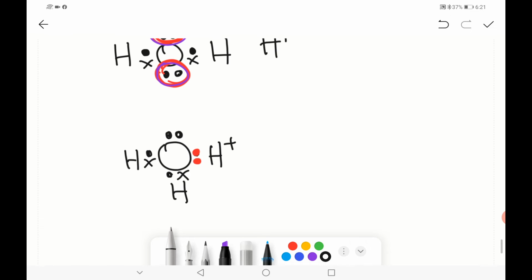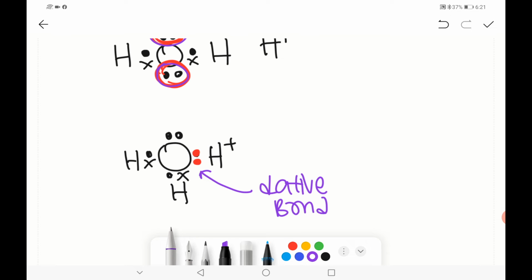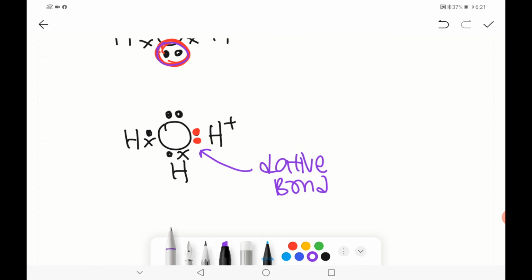When oxygen contributes a pair of electrons to H plus, you already get a dative bond. Why is this a dative bond? Oxygen shares electrons, but H plus doesn't share electrons. One shares, one doesn't share, so this is a dative bond. Make sure everyone knows this: when one shares and one doesn't share, that is a dative bond.